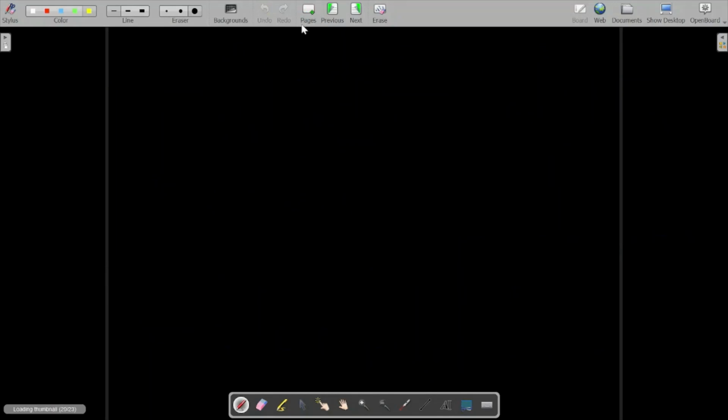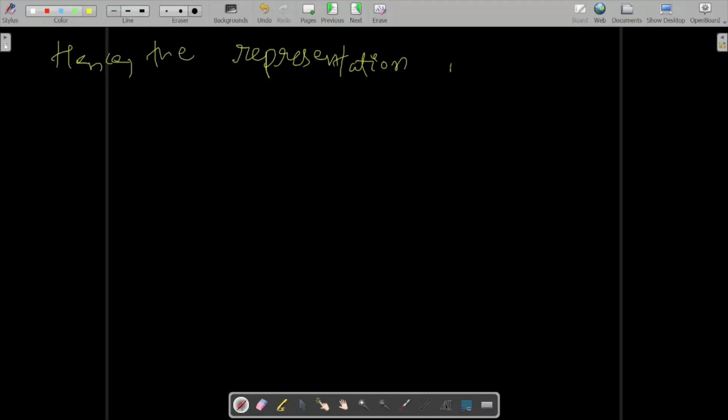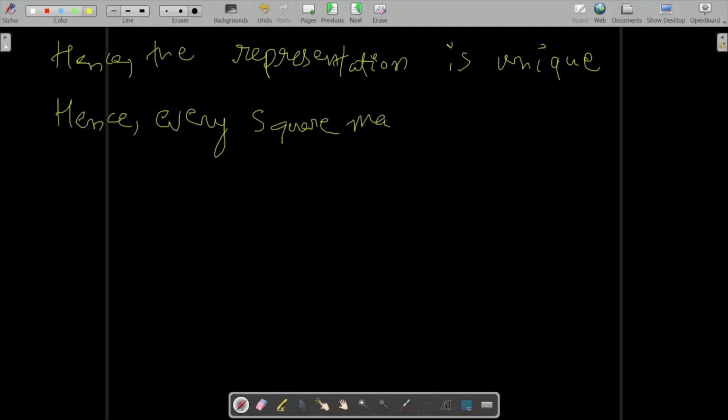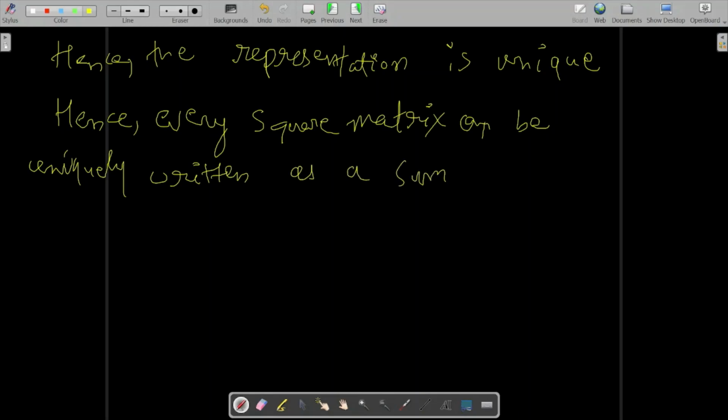Hence the representation is unique. Hence every square matrix can be uniquely written as a sum of symmetric and skew symmetric matrices.